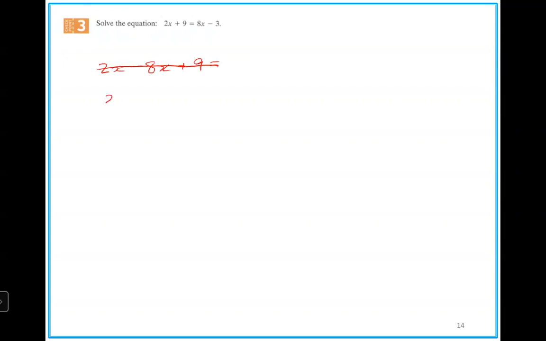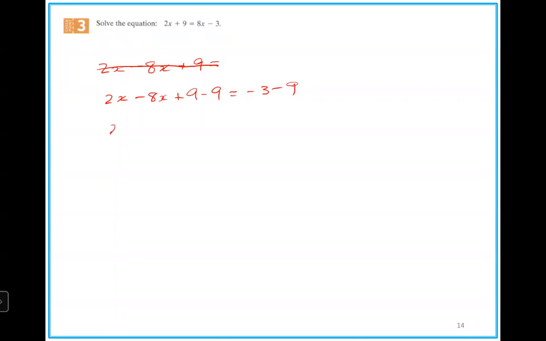Yes, that's right: 2x minus 8x, plus 9 minus 9, equals negative 3 minus 9. Then 2x minus 8x equals negative 12.